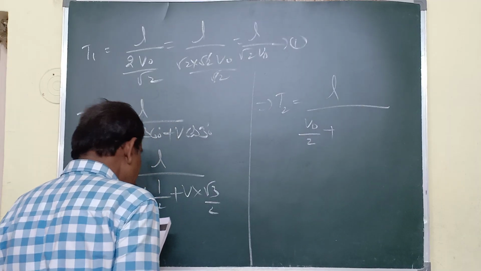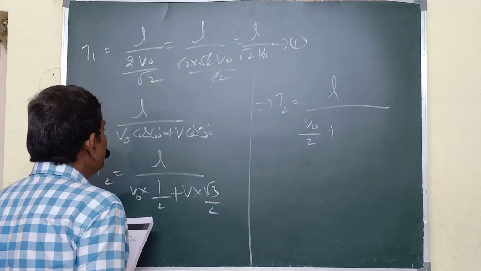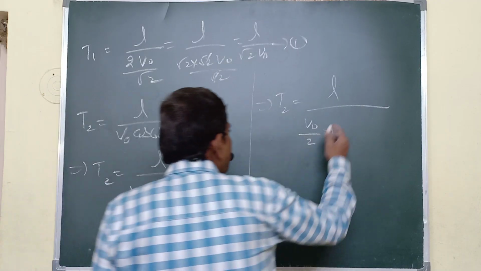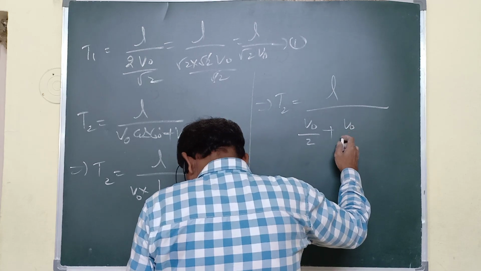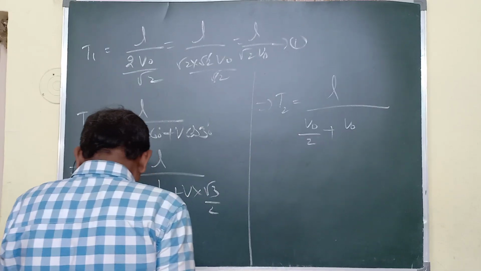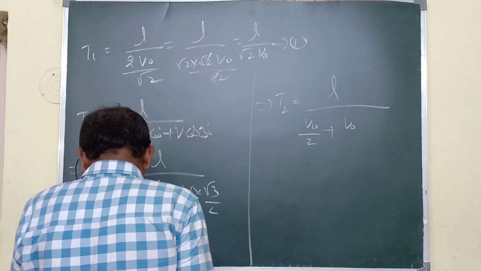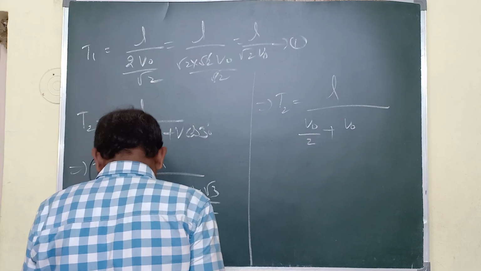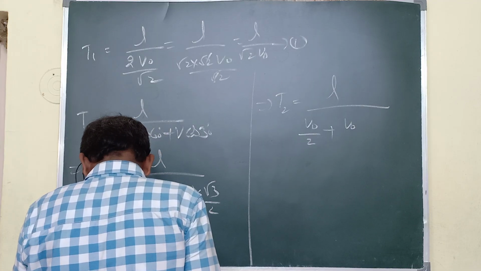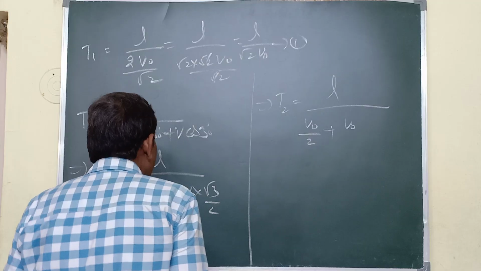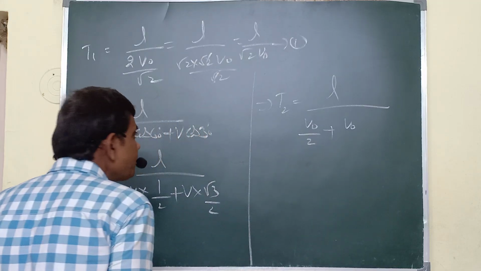What V value had we got? V naught root 3. So what had we got here? V equals V naught root 3.